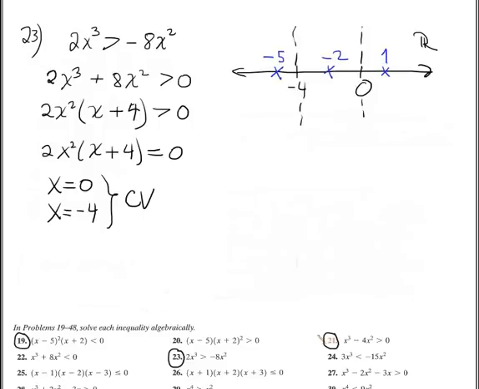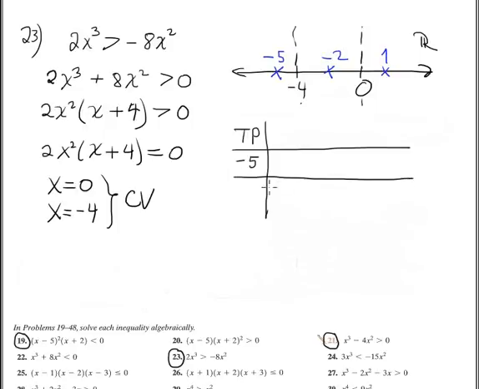Okay, after that you're doing the chart using the testing points. The testing points are -5, -2, and +1.